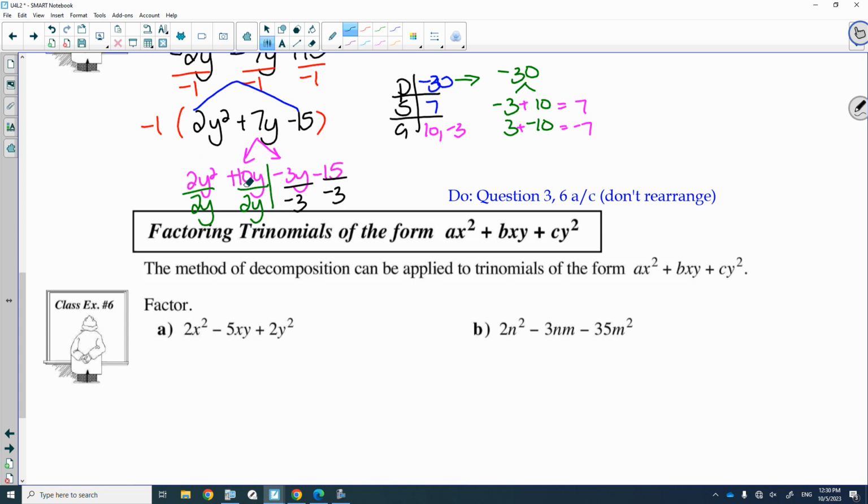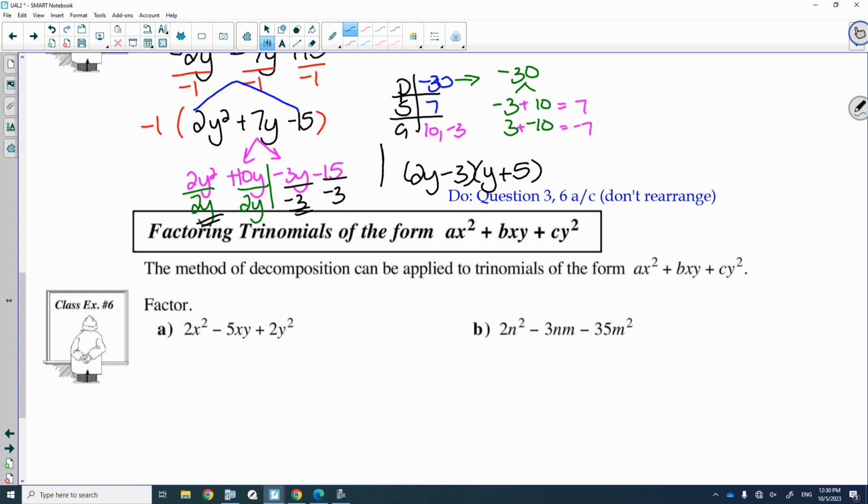A lot of people will just do this on scrap. One of my factors is going to be 2y minus 3. Do you see that? So like factor it out if you need to, but one of them is going to be 2y minus 3. And then the other one, when I do the division, I get y plus 5.